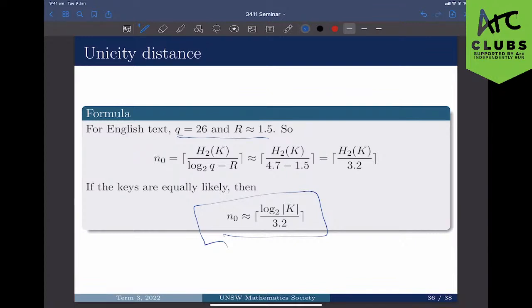And we simplify the formula down into just this expression here. So if the keys are equally likely, the expression is simplified into log 2 K over 3.2, and the ceiling of that. So pretty much, if we want to find the unicity distance of an English text where all the keys are equally likely, all we need to know is the total number of keys, which is this K over here.